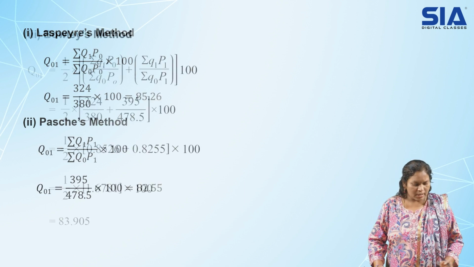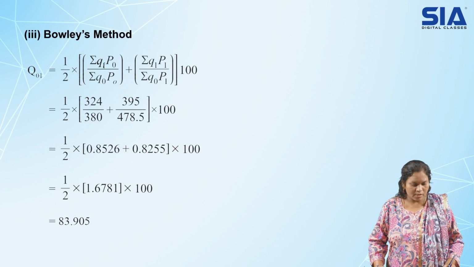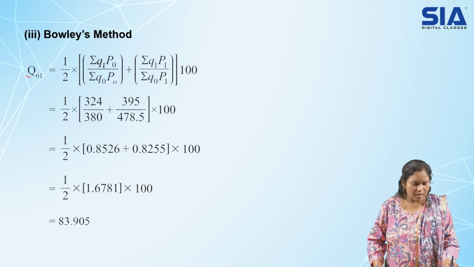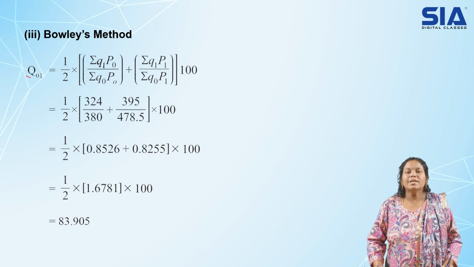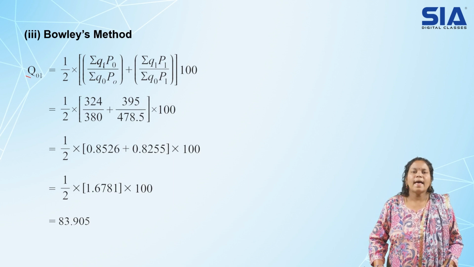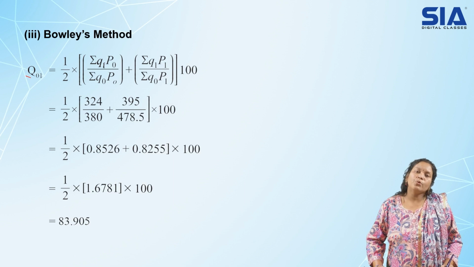Now let us discuss Bowley's formula also. In Bowley's method the notation is again the same, Q01 is equal to. What we do here is take last year's formula and past year's formula both together and take their average. Average means if two values are there, we just add the two values and divide by 2, right?